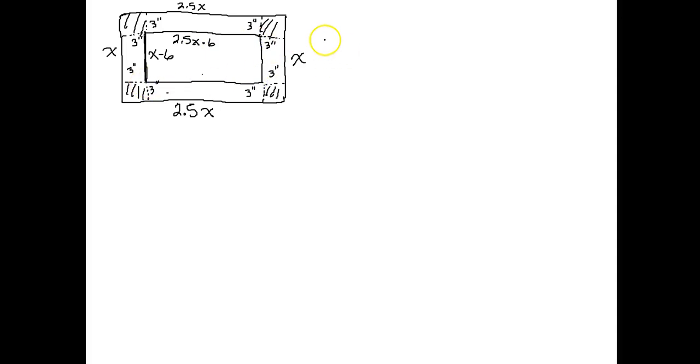So you fold all that up, and you'll have this open-topped box. The height will be 3 inches. Your longest part will be 2.5x minus 6 inches. And your shorter part will be x minus 6 inches.